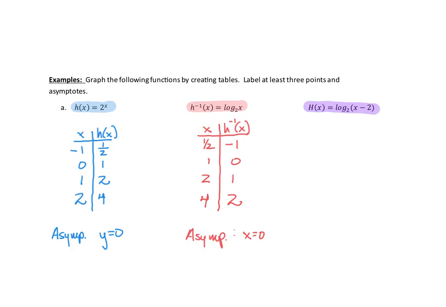All right, and then for the actual function that we want, capital H of x, we have inside, we have a horizontal shift. And remember, horizontal, we always want to do the opposite of what it says. Here, since it says x minus 2, this means that I want to add 2 to my x's.